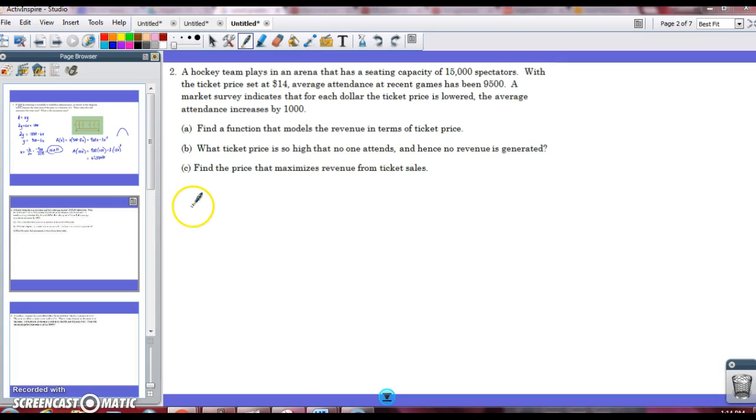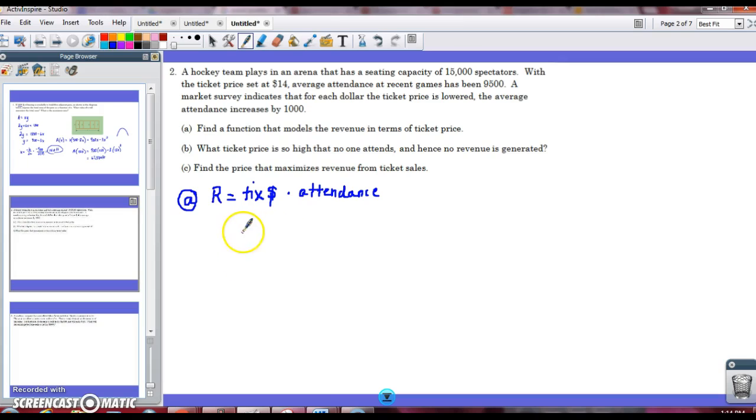So part A says to find a function that models the revenue in terms of ticket price. So revenue is going to equal our ticket price times attendance, right? So however many people attend times the price is going to be our revenue.